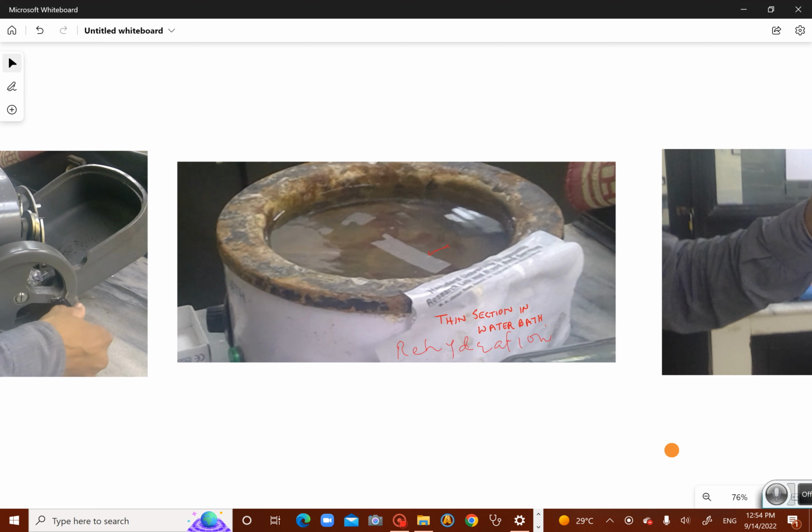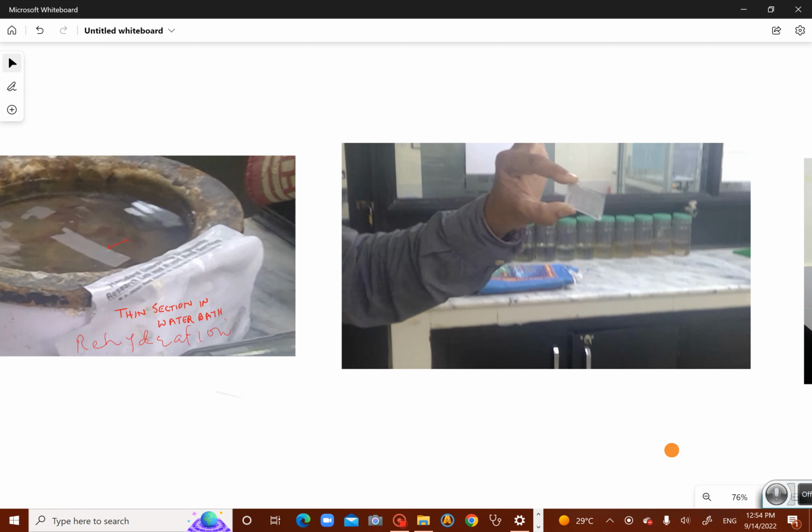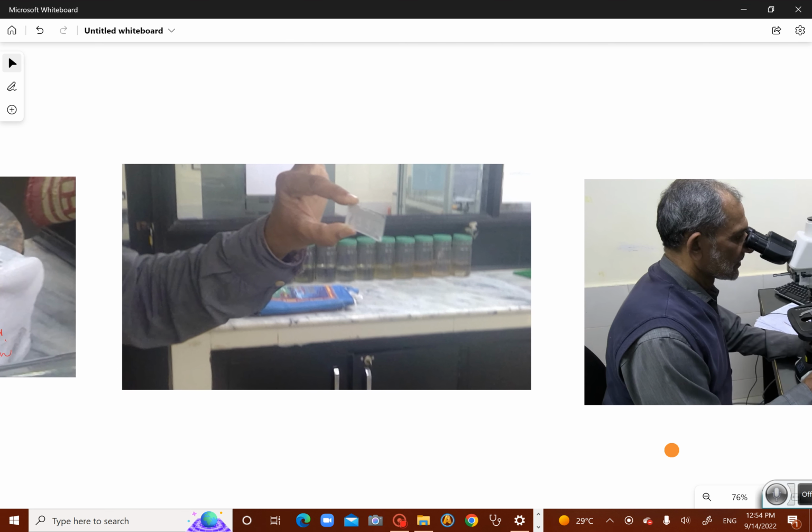So the reverse process now starts. The cells will again get water inside, and then the sections are lifted up with a glass slide, and you get it over here. This is the thin slide.